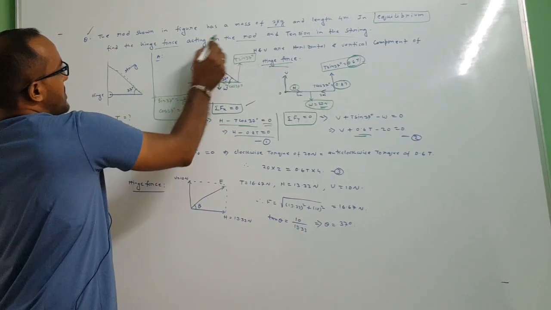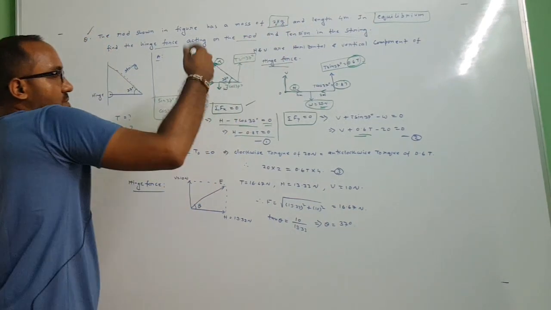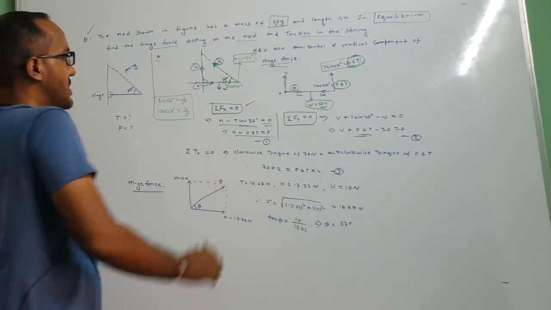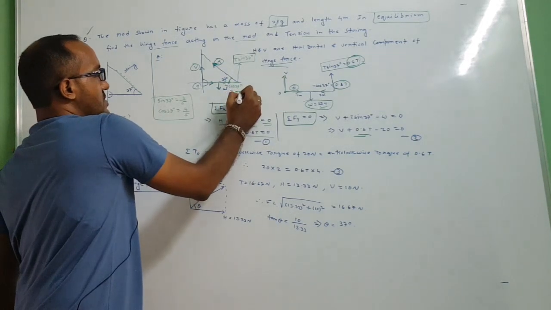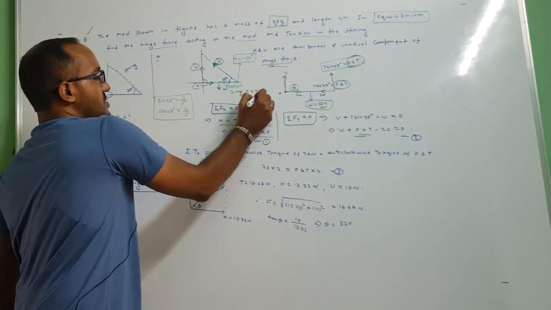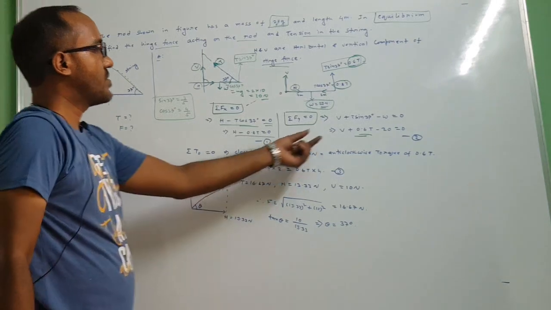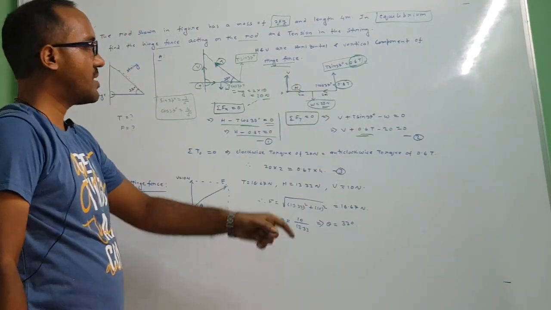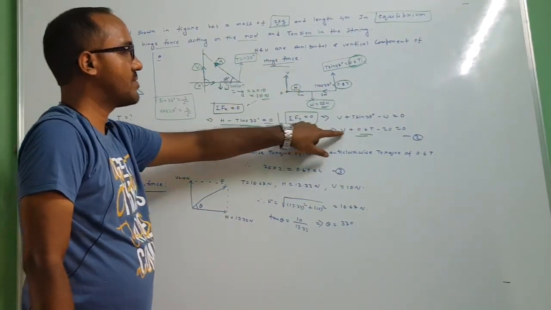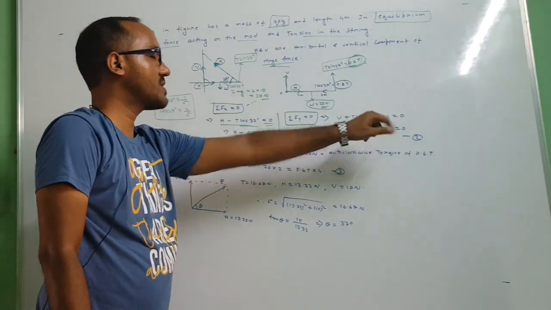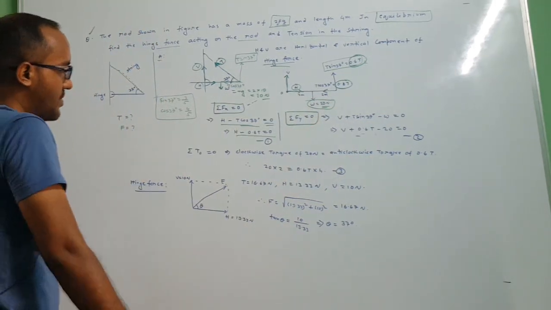The weight W equals mg. So m is 2, g is 10, let us say, so this is 20 Newton acting downward and V is acting upward. So V plus 0.6 T minus 20 equals 0. Let us say that is equation number 2.